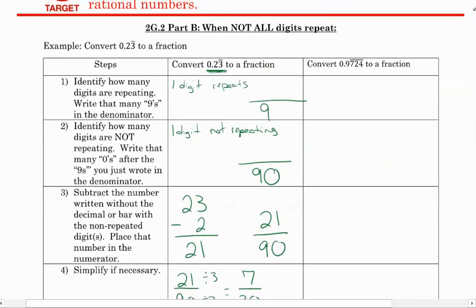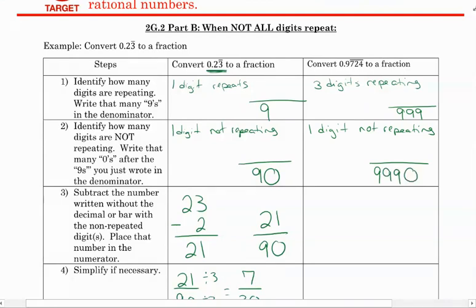Okay. If we look at our next example here, identify how many digits are repeating, 0.9724724. I have 3 digits repeating. Okay, so in my denominator, I would have 3 nines. In number 2, how many digits are not repeating? I have 1 digit not repeating. So in my denominator, I would have my 3 nines for my repeating digits and my 1 zero for my non-repeating digit.